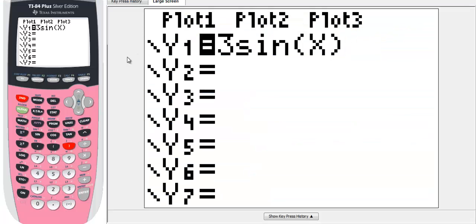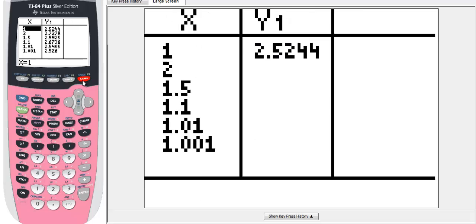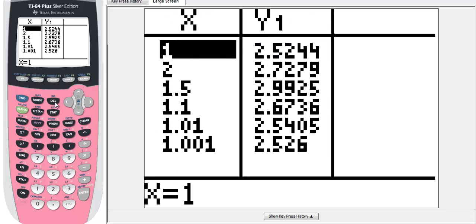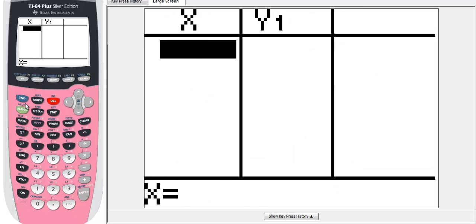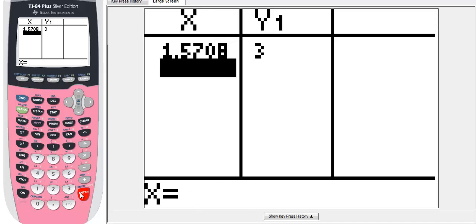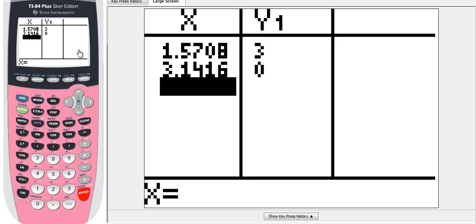So I could go to my table. I already have it set up to do automatic. I could just hit delete, delete, delete, delete here. And if I do pi divided by 2, it spits out 3. And if I do pi, it spits out 0.